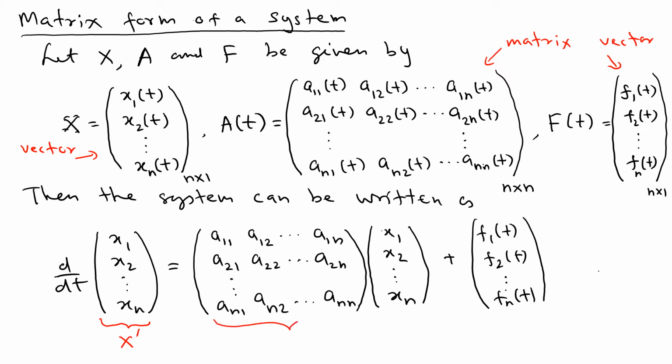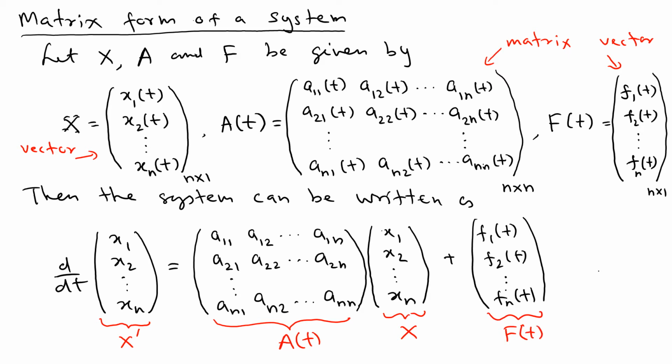The coefficient matrix we're going to call A, or A(t); it's a function of t, but it can be constant. This is again the x vector, and this we're going to call the F vector. We use uppercase letters for that. Sometimes we even ignore the t, but it is understood.